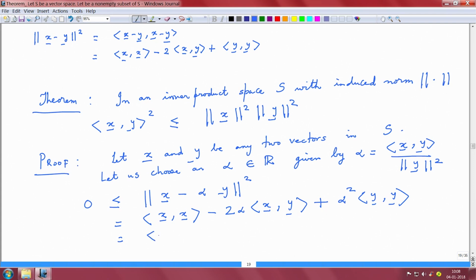So, we will plug in this quantity alpha here. This is basically the inner product of x with x minus 2 times the inner product of x with y, substitute alpha.